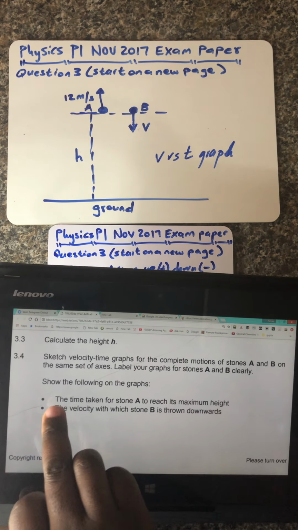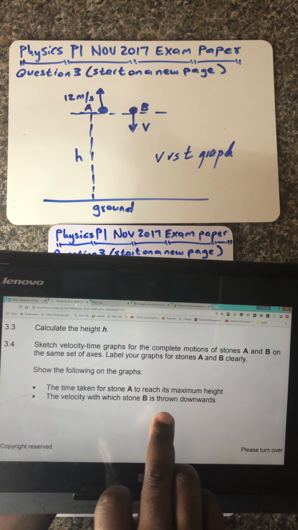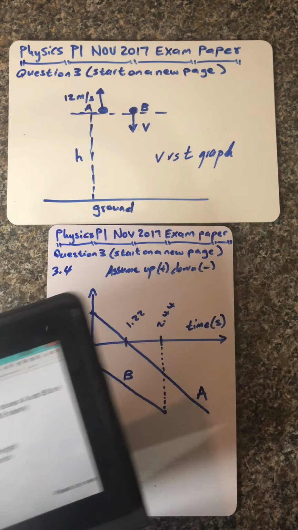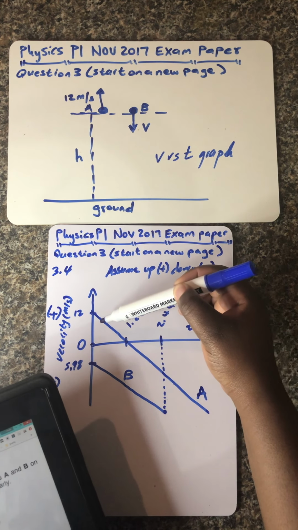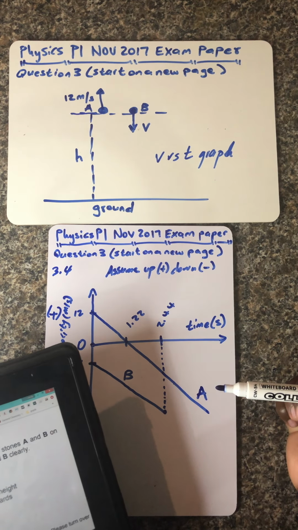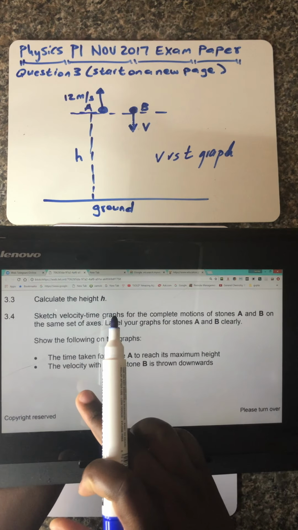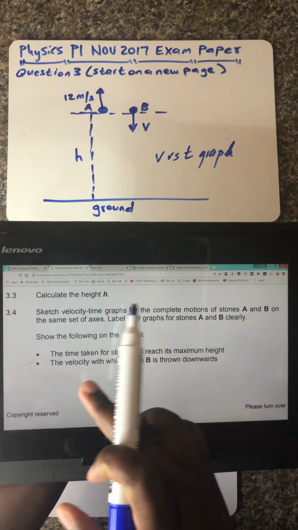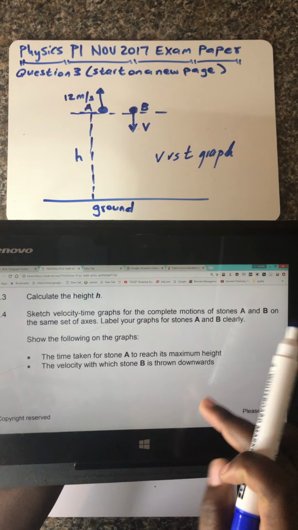They say show the following on the graph. The time taken for stone A to reach its maximum height. We have indicated that this is when it reaches its maximum height, right? And again, they say show the velocity with which stone B is thrown downwards.